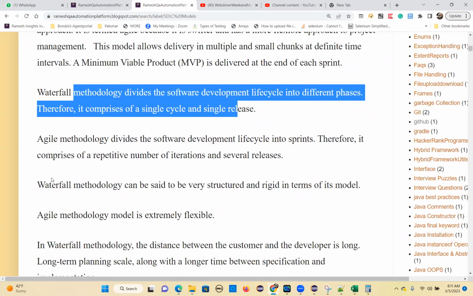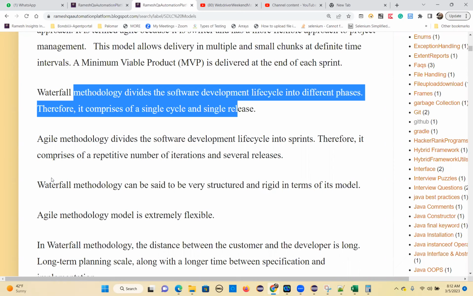All these products follow this waterfall methodology. Agile methodology divides the software development life cycle into sprints, right? Based on the feature, they will divide into sprints. It comprises a repetitive number of iterations, and several releases will happen. So that's the Agile methodology.